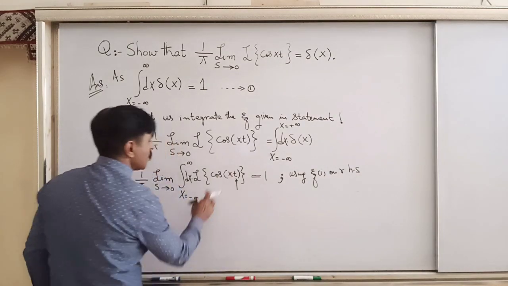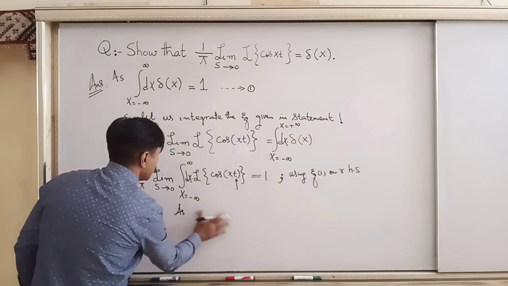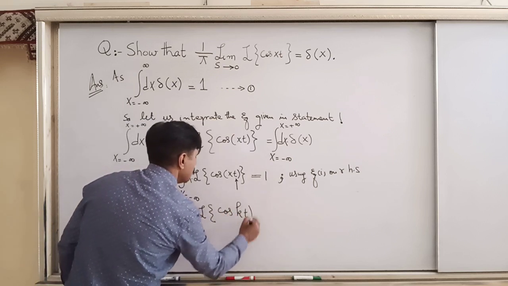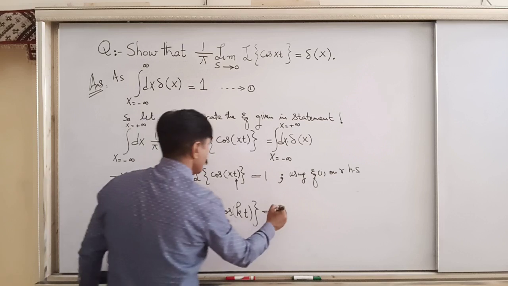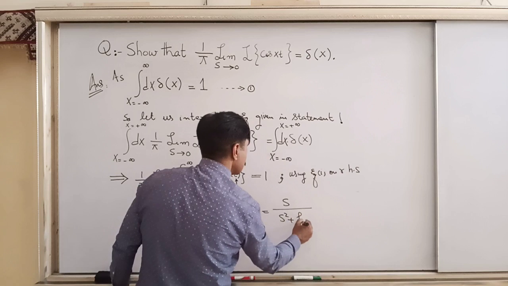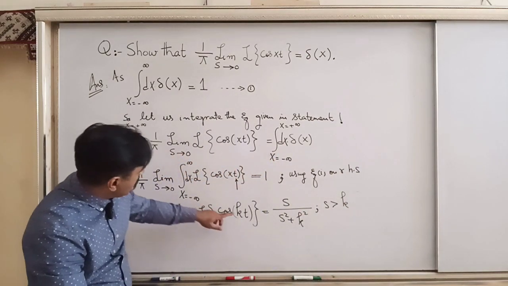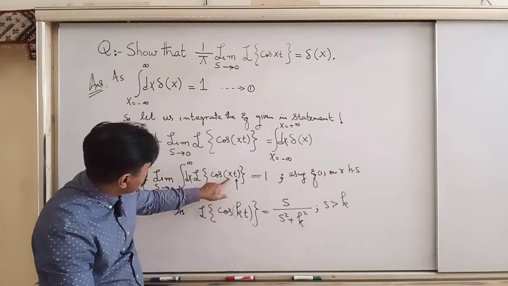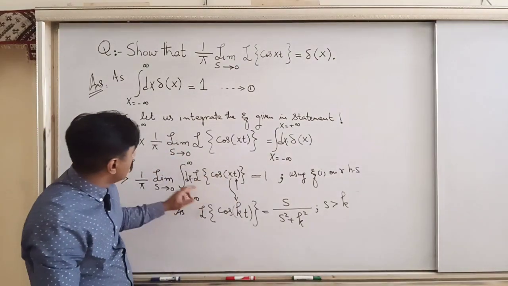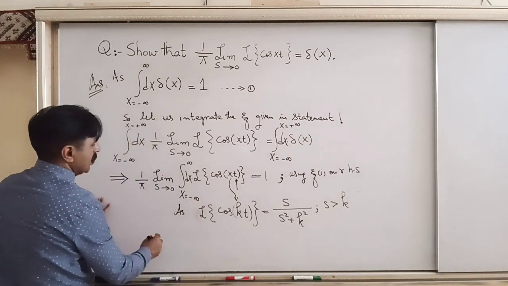And you know the Laplace transform of the cosine function: the Laplace transform of cos of kt is equal to s over s square plus k square, where s is greater than k. And in place of k, you have your x, right? So now you identify how to write the transform.